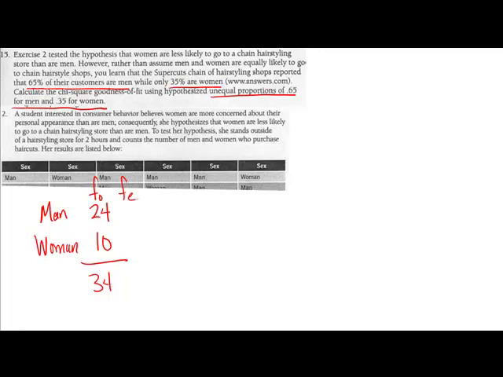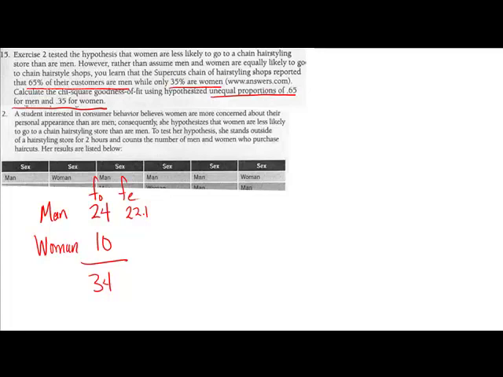Now, frequency expected. Remember, we have unequal expectations. We believe that 65% of our sample is 0.65 times our 34. That's 22.1 men are expected to go.